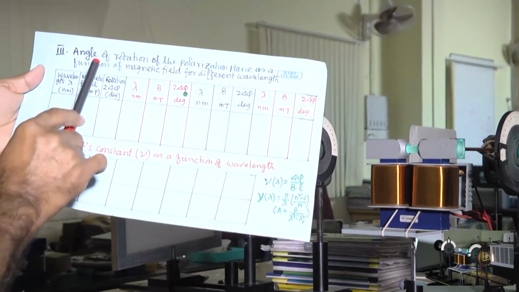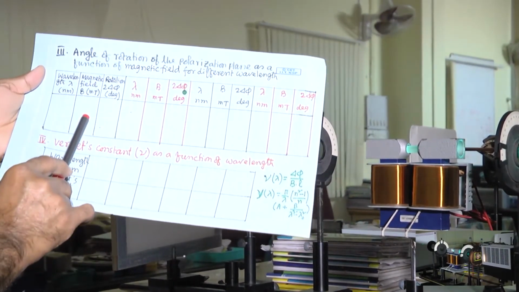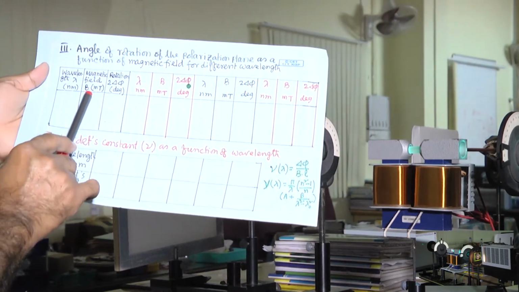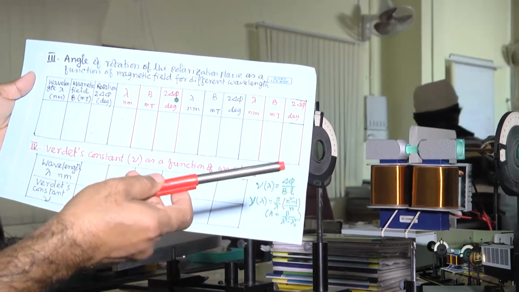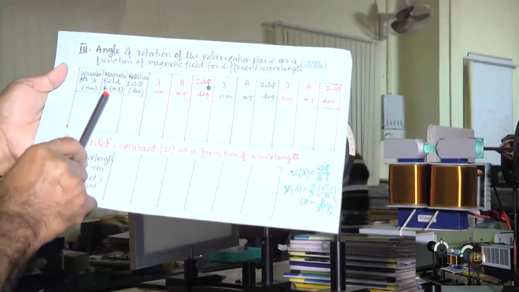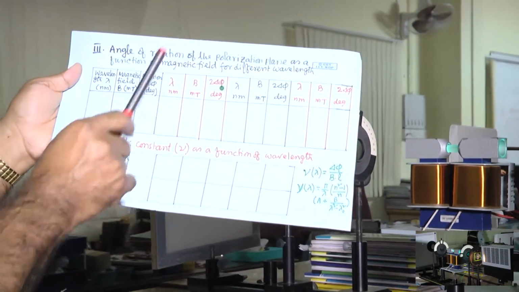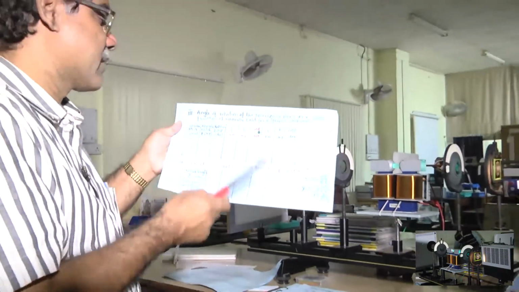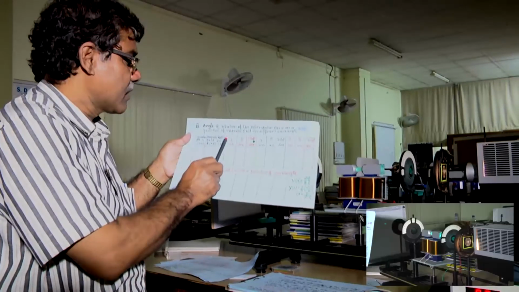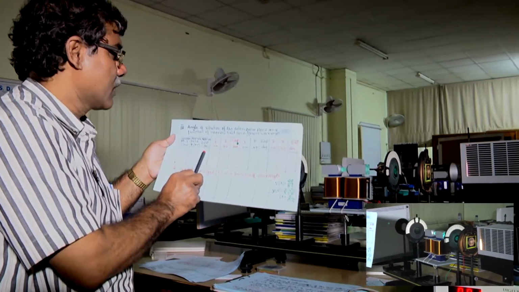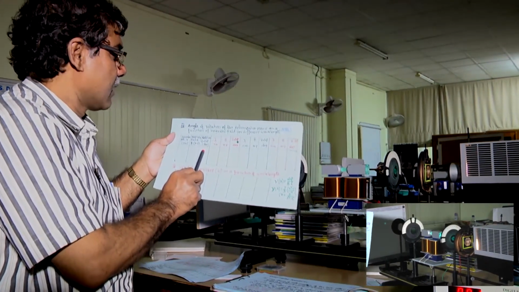Now, magnetic field. What is the current you are applying? I applied 4 ampere. For that, what is the mean magnetic field, that from calibration we know. That magnetic field and the corresponding rotation you have to note down.